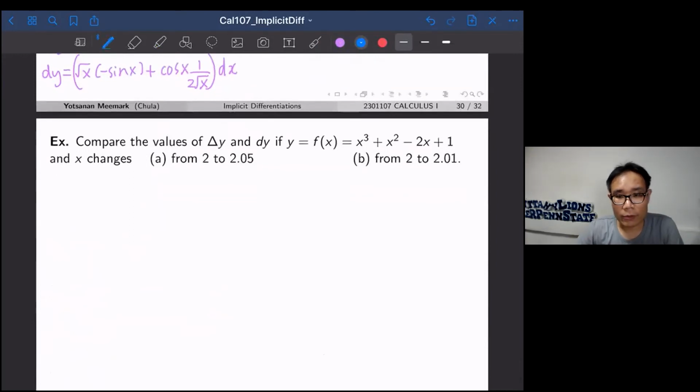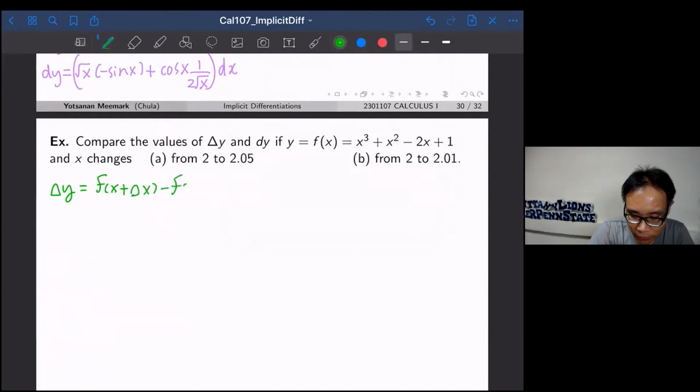For the next one, we'd like to compare the values of delta y and dy to see what's going on in this situation. So you have y equal to f(x) equal to x cubed plus x squared minus 2x plus 1. In this case, delta y equals f(x plus delta x) minus f(x).